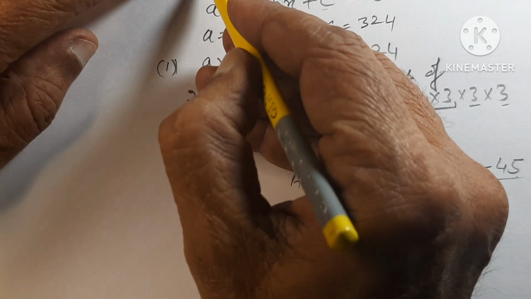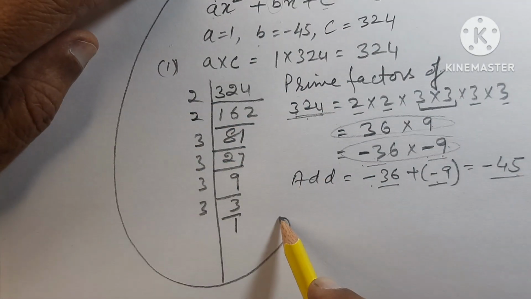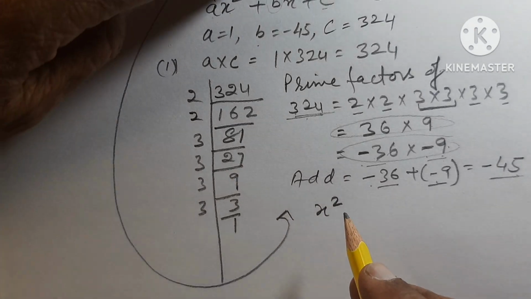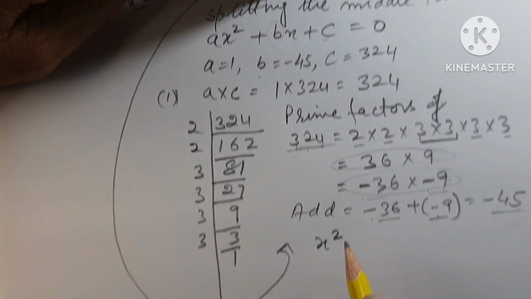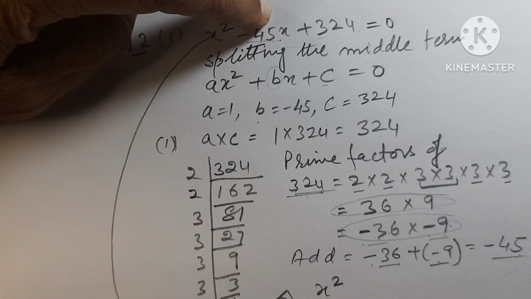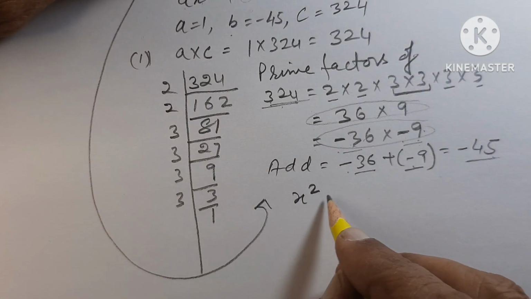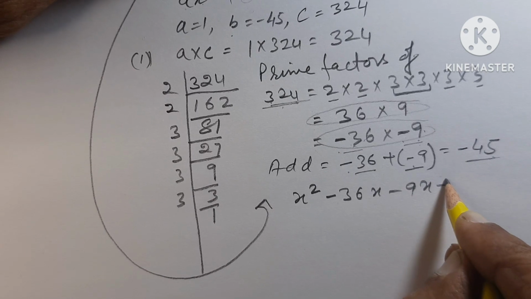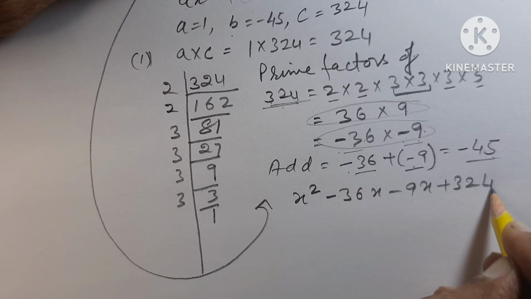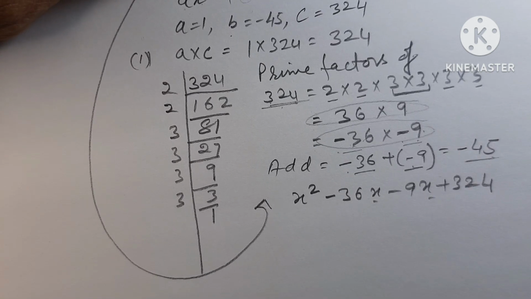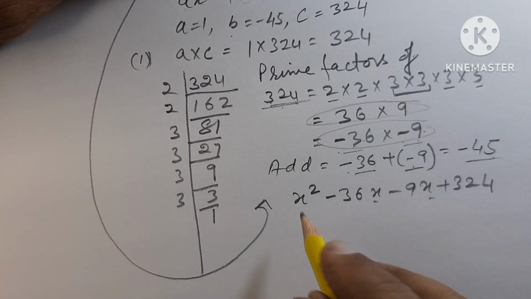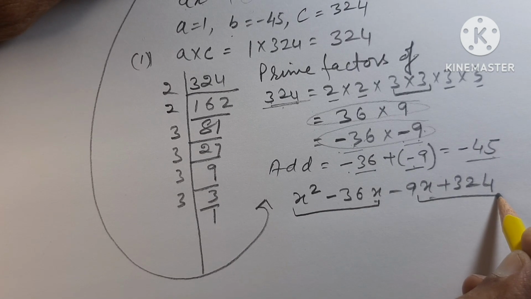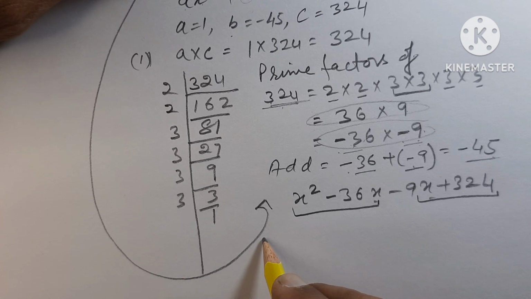So therefore now I will write this quadratic equation: x square, in place of minus 45 I will write minus 36x minus 9x, and plus 324. This x will be written with both. Now out of these two terms and out of these two terms, whatever is common I'll take out.